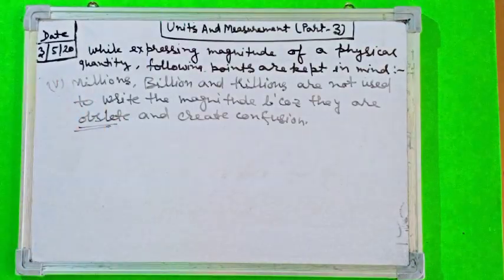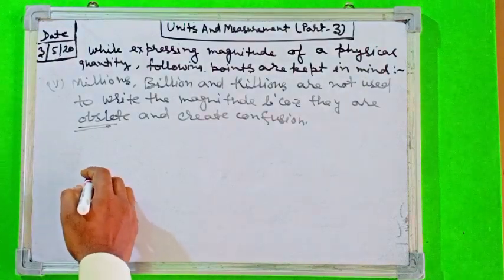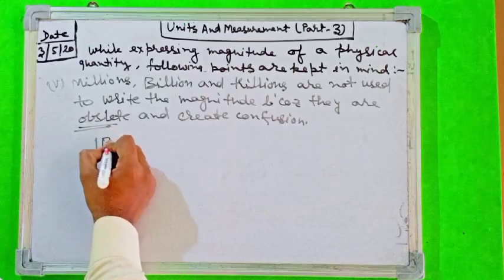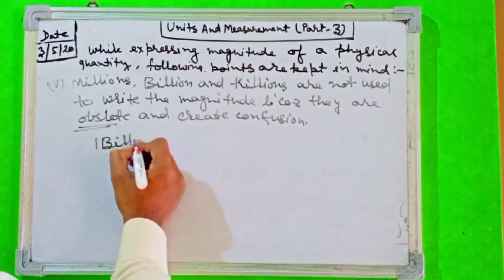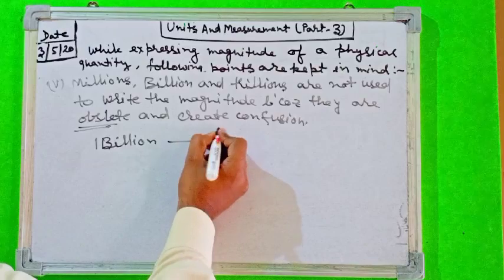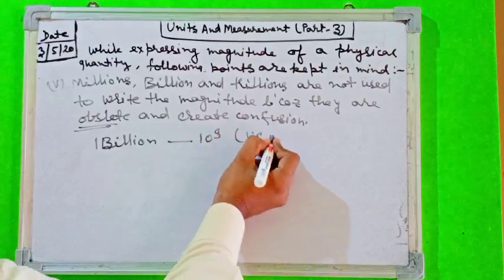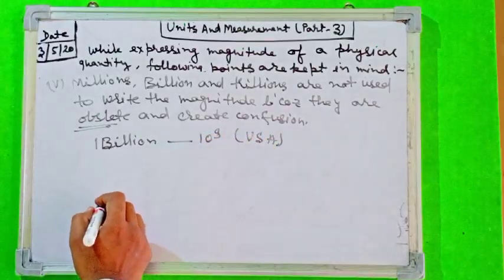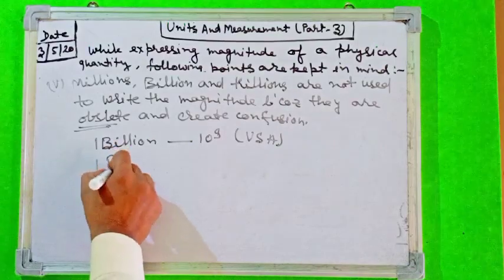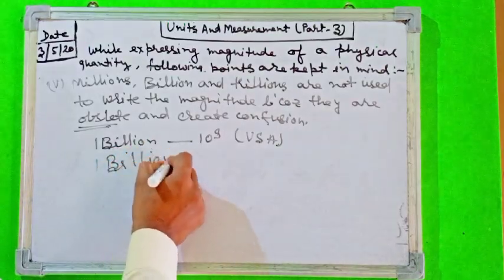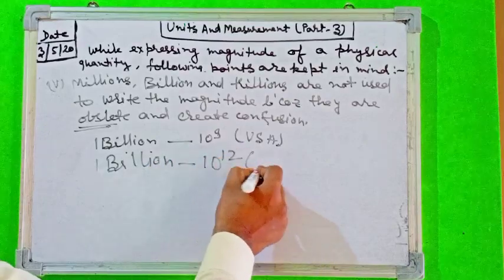Absolute here means not customary, not in the custom of use. Why is it not customary? Because 1 billion is 10 to the power 9 in the USA, and 1 billion is equal to 10 to the power 12 in the UK.